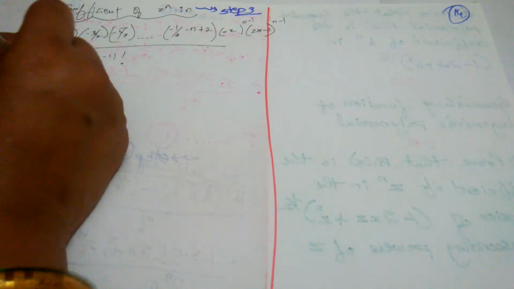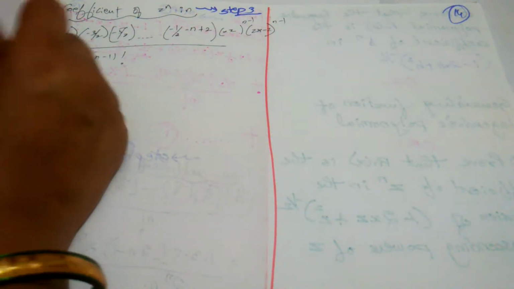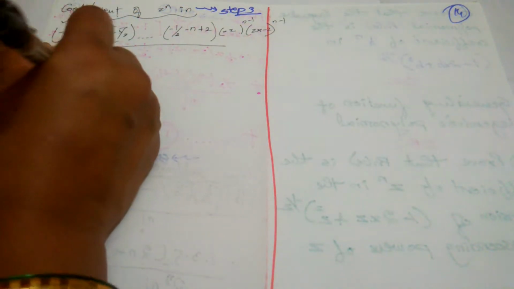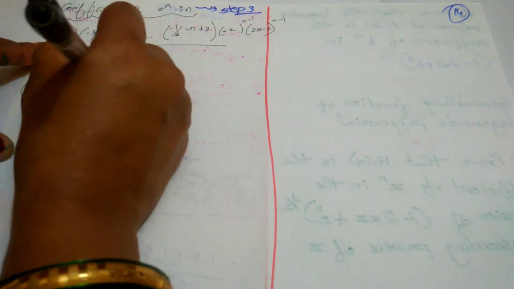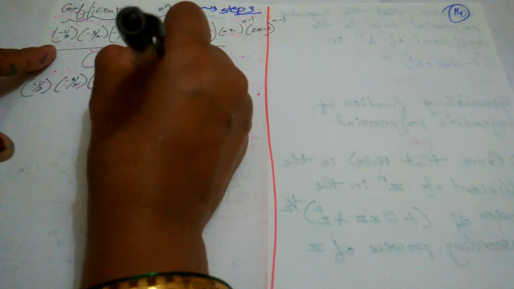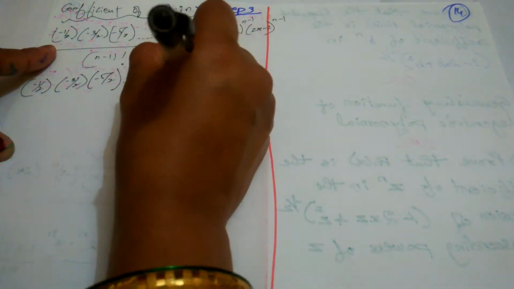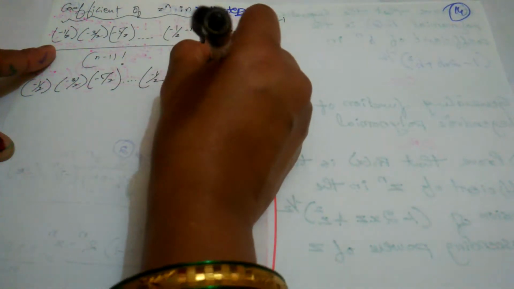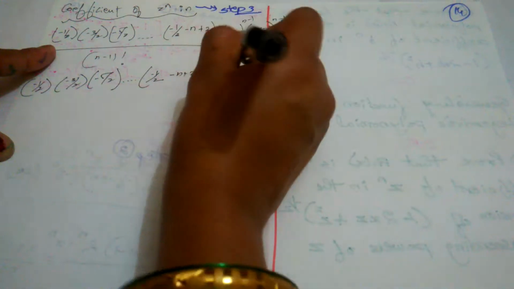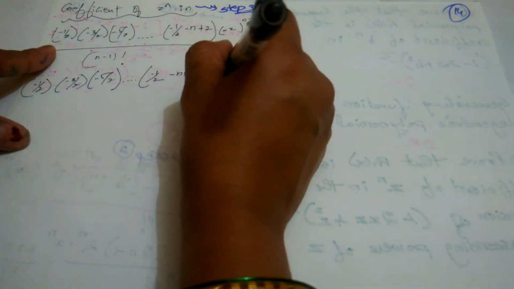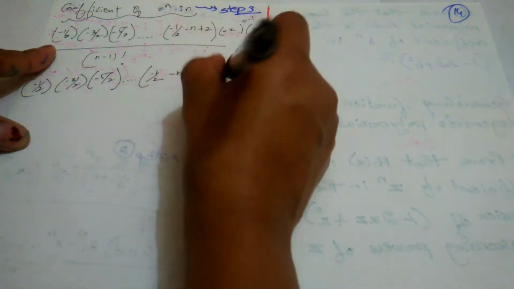Okay, so now how will it be? It will be again minus 1 by 2, minus 3 by 2, minus 5 by 2, dot dot dot, higher powers, minus 1 upon 2, minus n plus 2, then minus 1 and minus 1. Then in the bracket again we have to do the substitution.